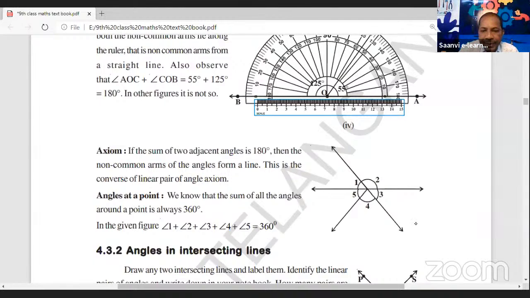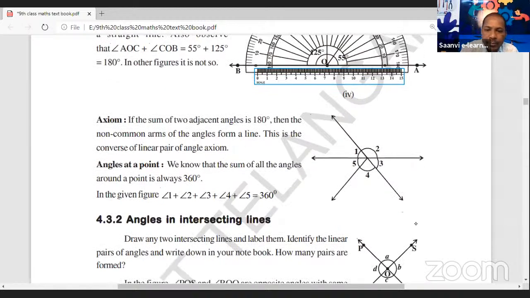And the next one is sum of the angles around a point. Observe this figure. Here, all the angles are not at a point. These are all formed around the point.